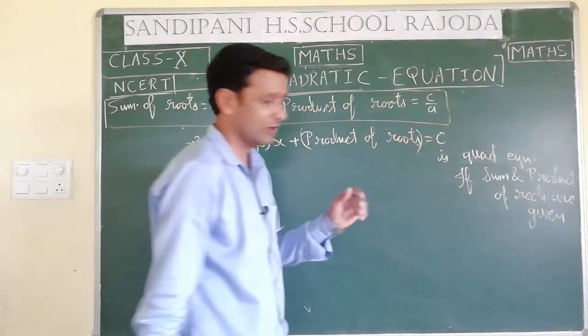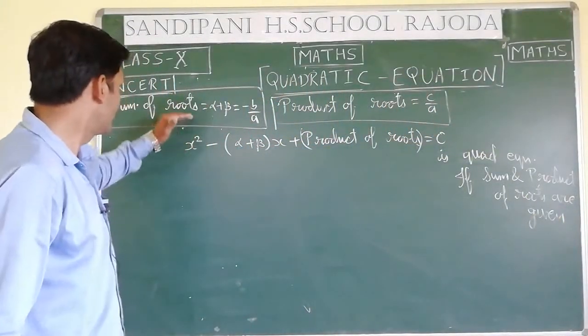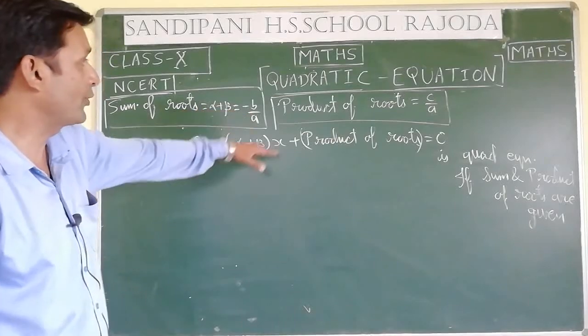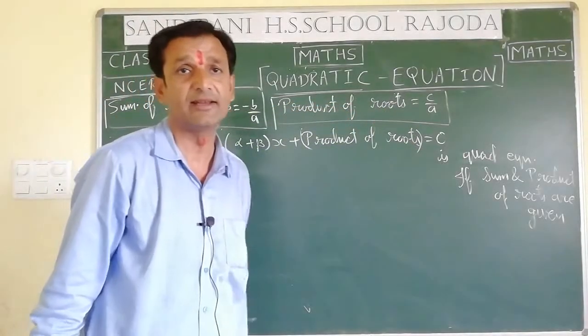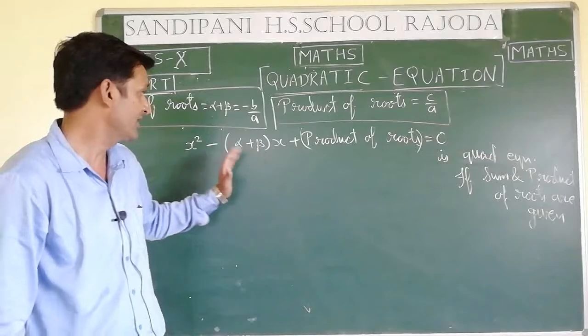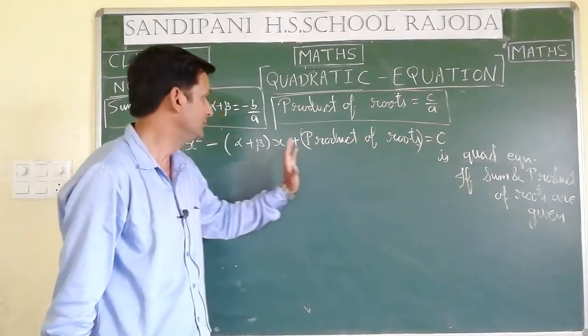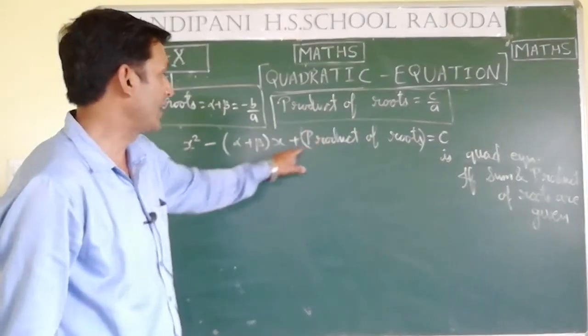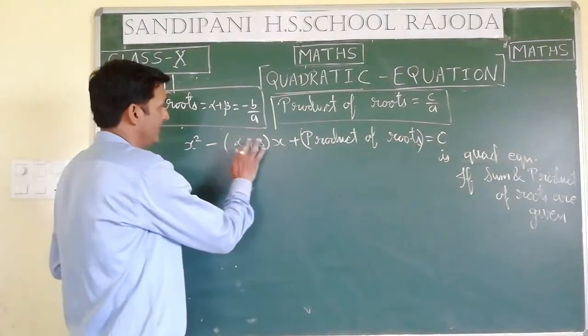Means if sum of roots and product of roots are given, then in that case we can find the quadratic equation in this form.